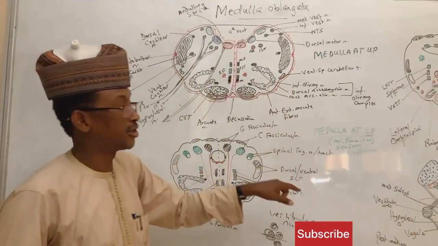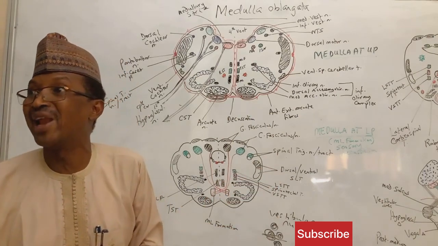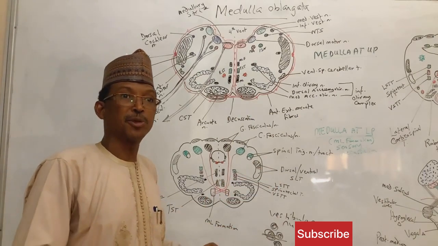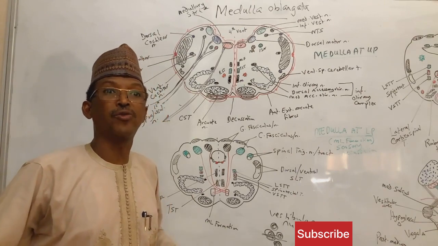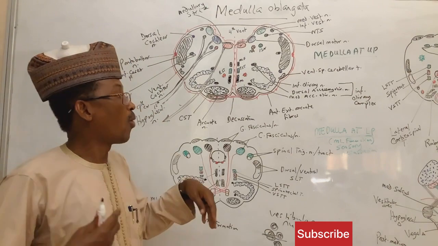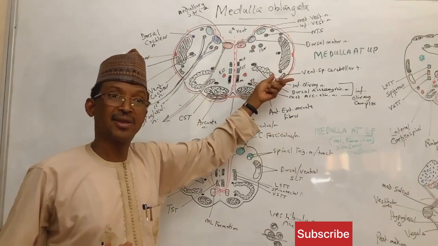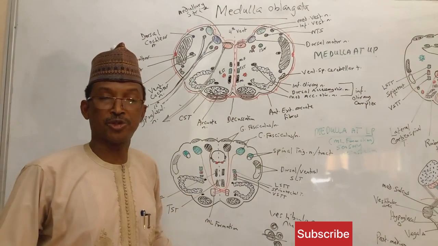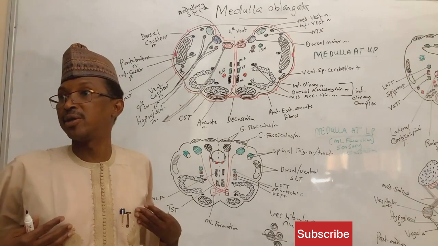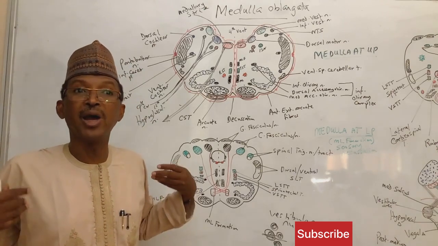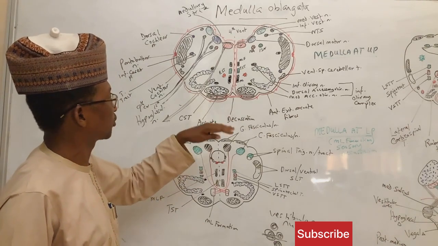It connects with the cerebellum to form the cuneocerebellar tract, which carries unconscious proprioceptive information from the upper limb. While the anterior and posterior spinocerebellar tracts carry unconscious proprioceptive information from the lower limb and trunk, with the exception of the upper limb. That is what you are supposed to know.